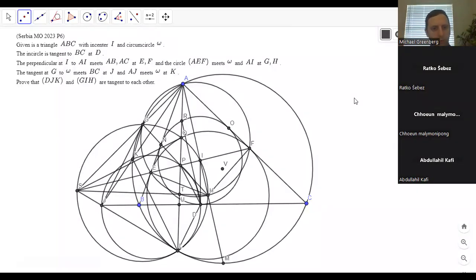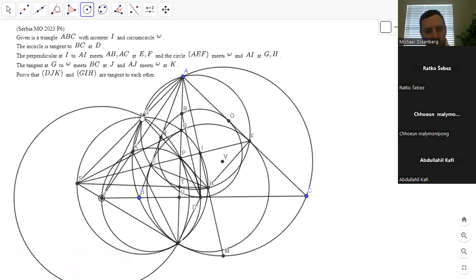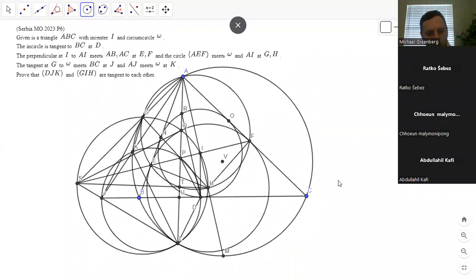I think all I need to show is that half of GJL plus GPL is 180. Basically, I want to show that J is the circumcenter of GPL. And maybe that's, I don't know how hard that is.